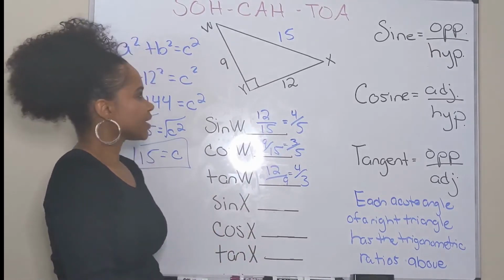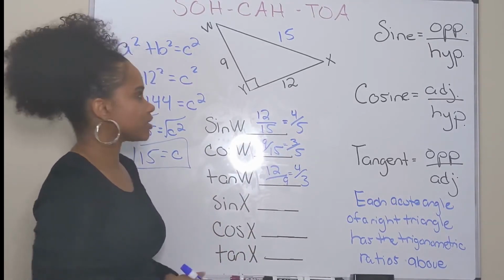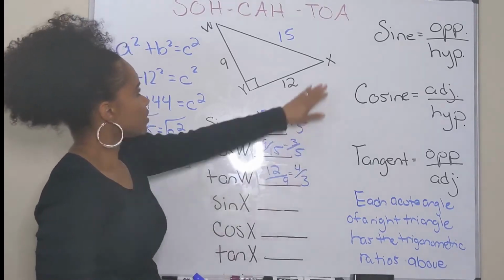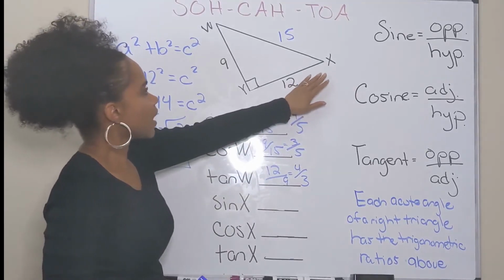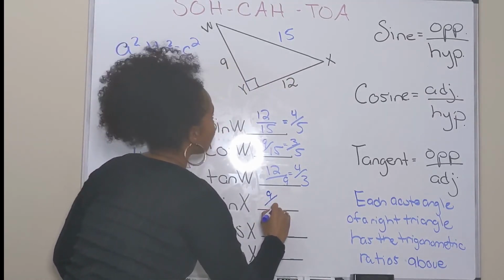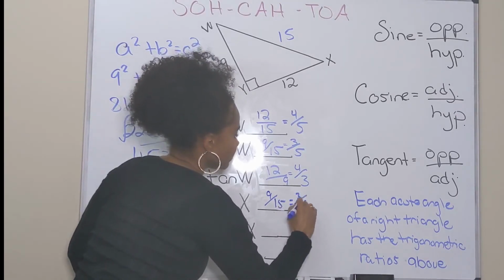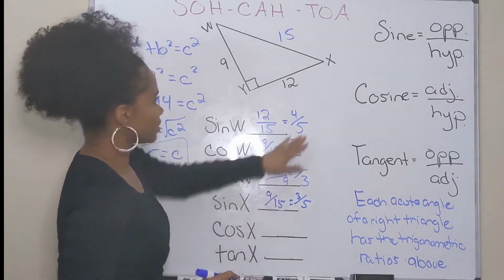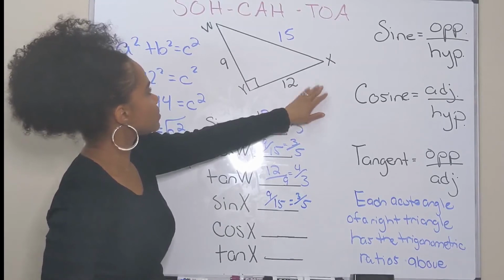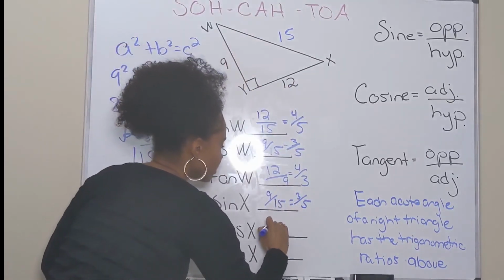All right, and so now let's find the sine, cosine, and tangent of x. Sine, opposite over hypotenuse, is 9 over 15. Go ahead and reduce that, 3/5. Cosine of x, adjacent over hypotenuse: adjacent is 12, hypotenuse is 15.